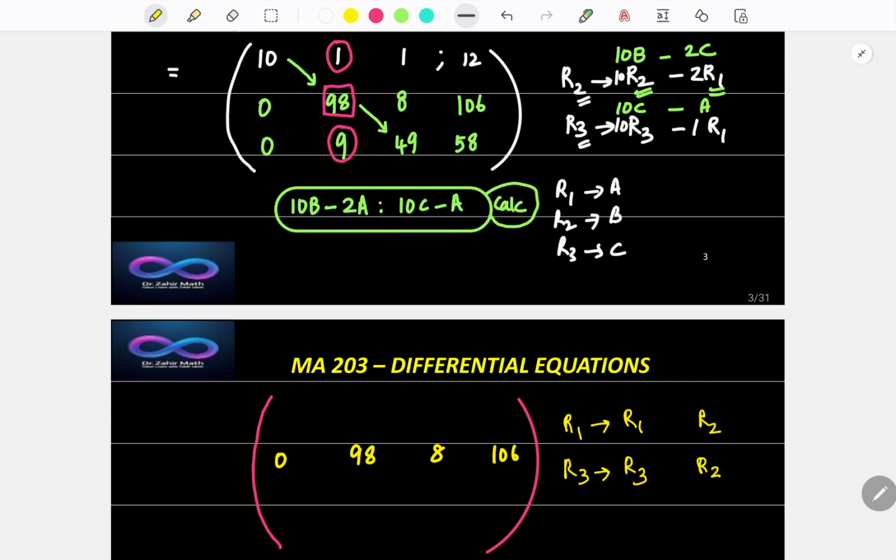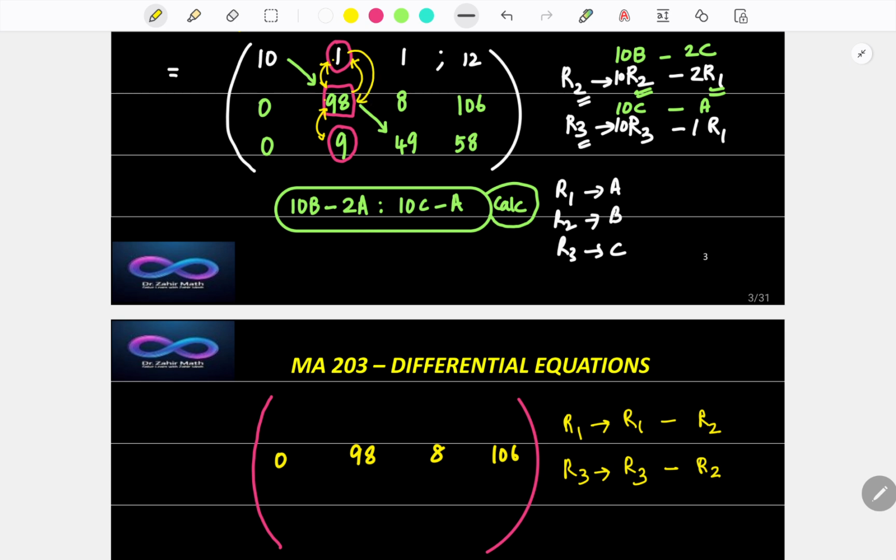Who's the helper? R2. Between R1 and R2, you just look at same sign or different sign here and here. It is same sign. So you're going to put minus. Between here and here, is it same sign or different sign? It is same sign. So you're going to put minus. Now look here. R1 is multiplied by 98 and R2 is multiplied by 1.